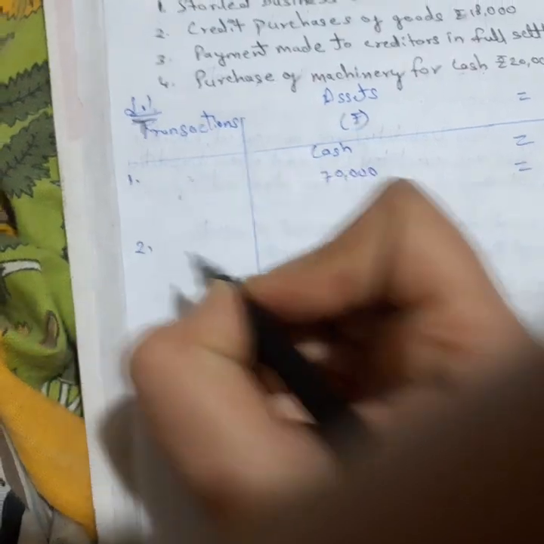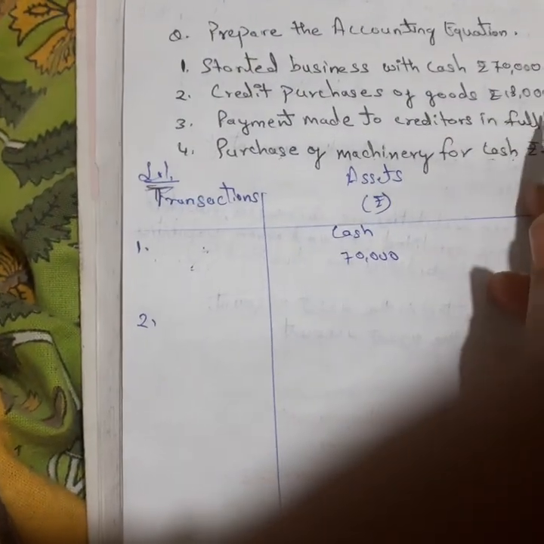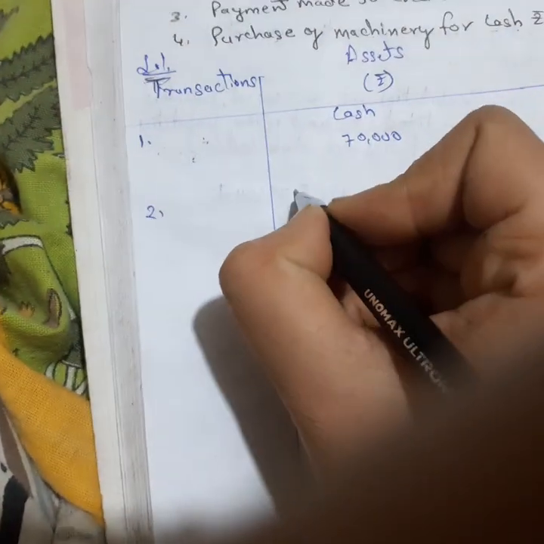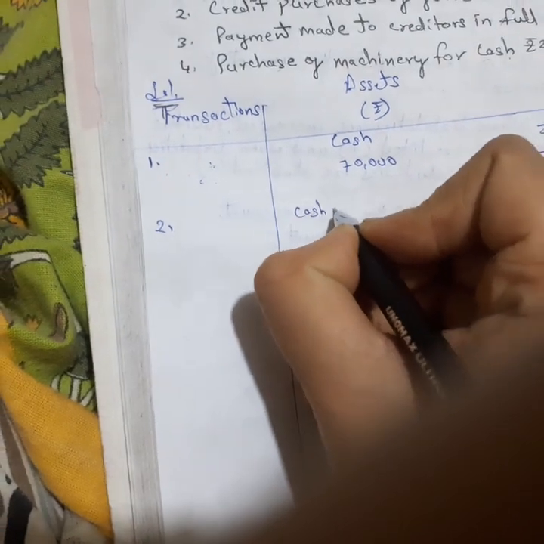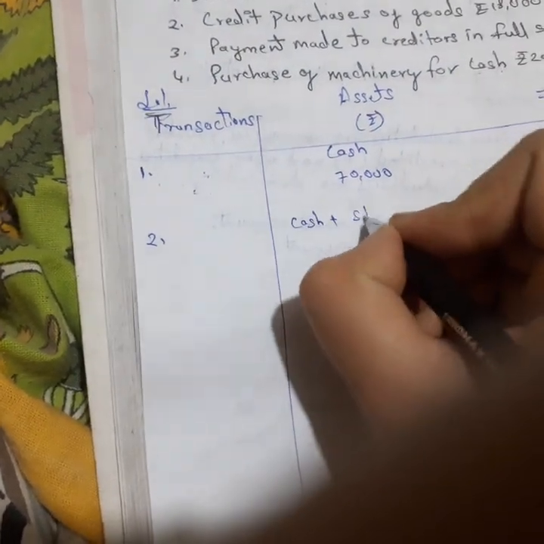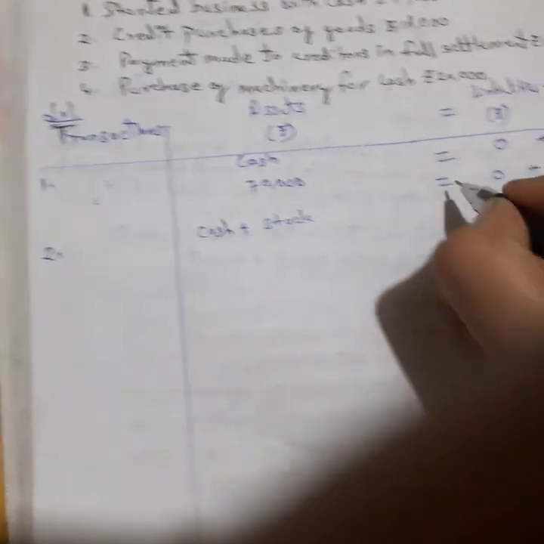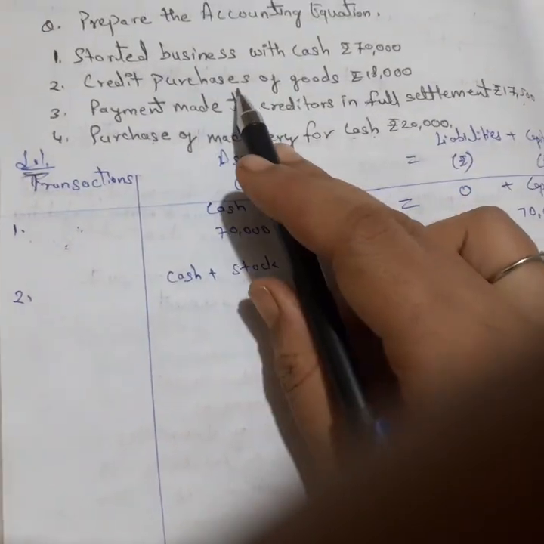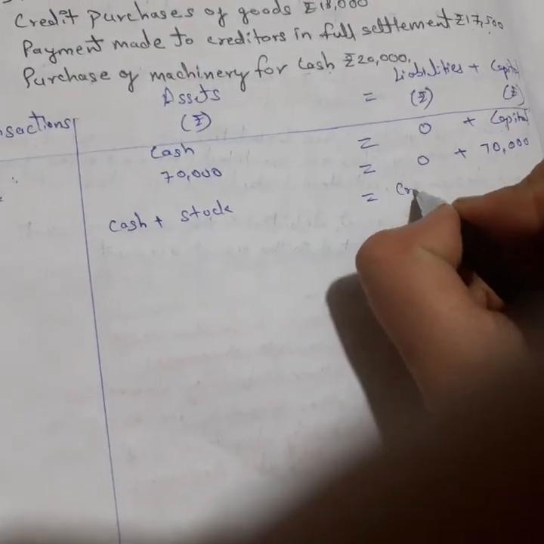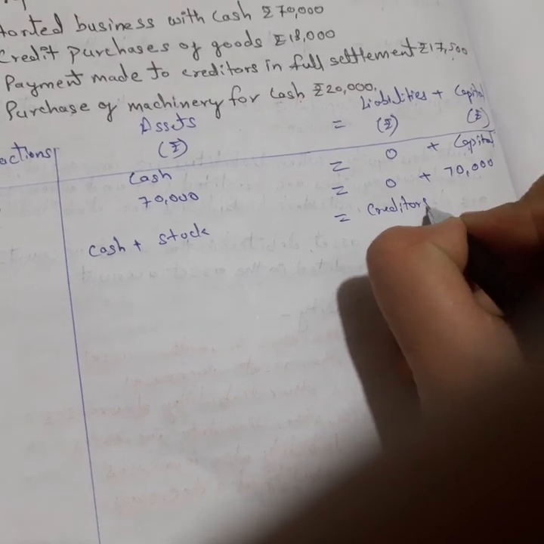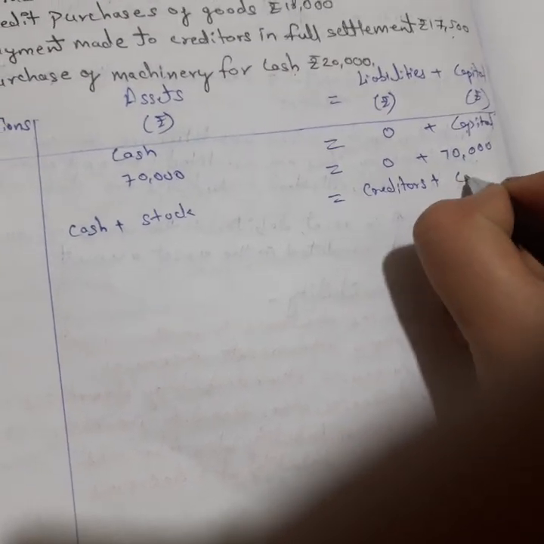Then second point, credit purchase of goods. So here I will write the cash plus stock is equivalent to, it's a credit purchase, so creditors plus capital.